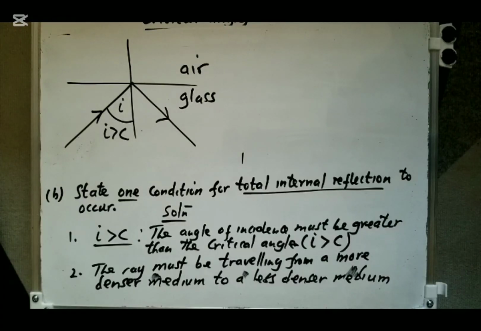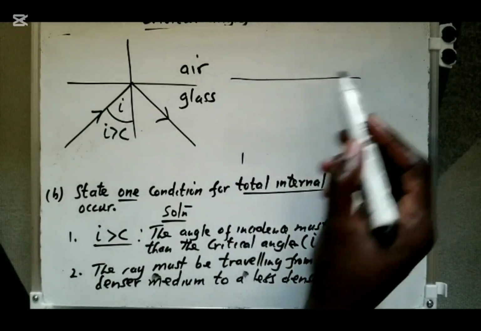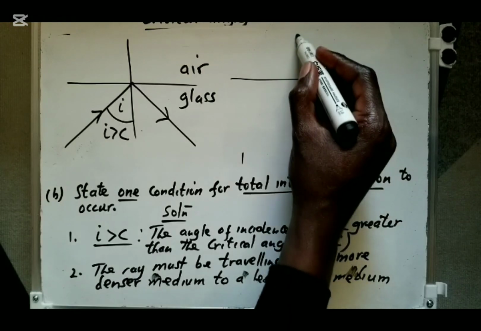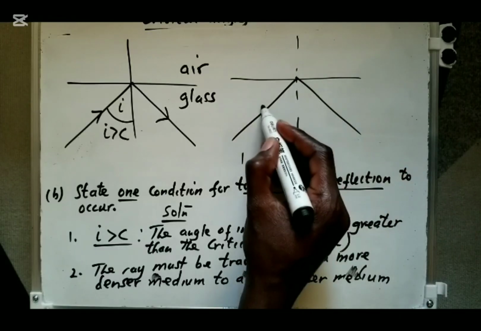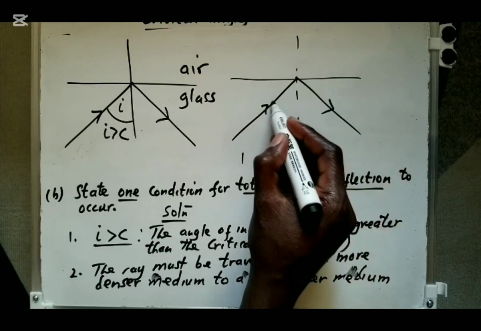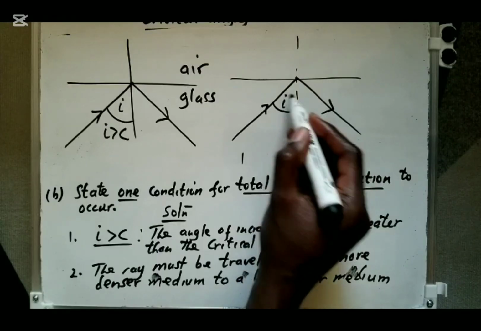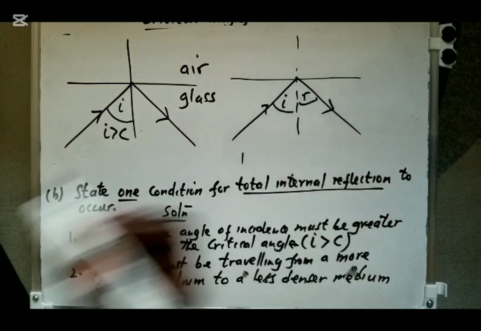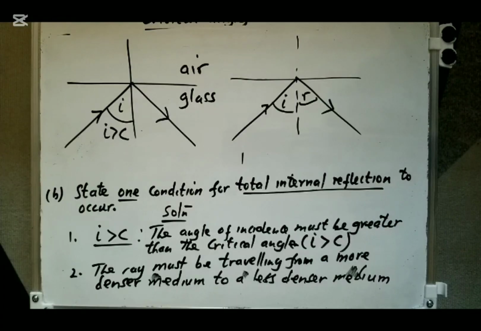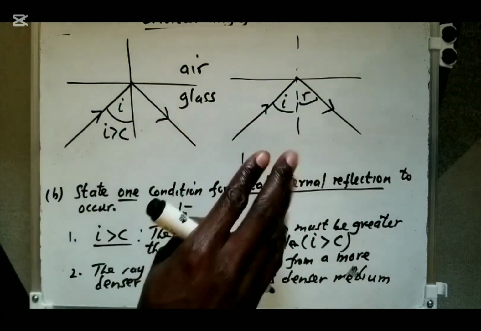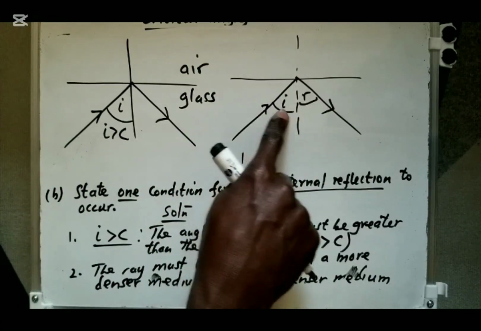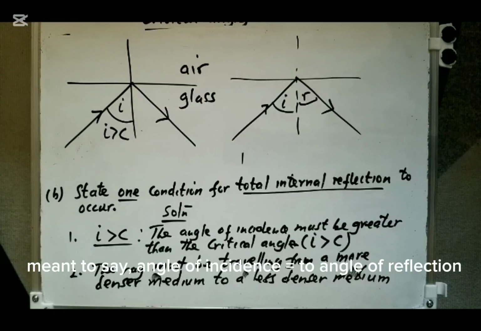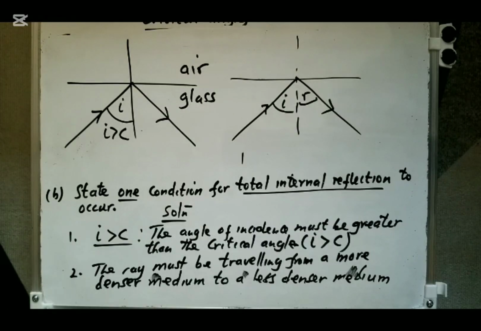So that is very important that you could talk about. Now, when total internal reflection takes place, like last year's question that they asked you, it simply means that the angle of incidence i will be equal to the angle of reflection. So as long as total internal reflection takes place, then the angle of incidence will always be equal to the angle of reflection.